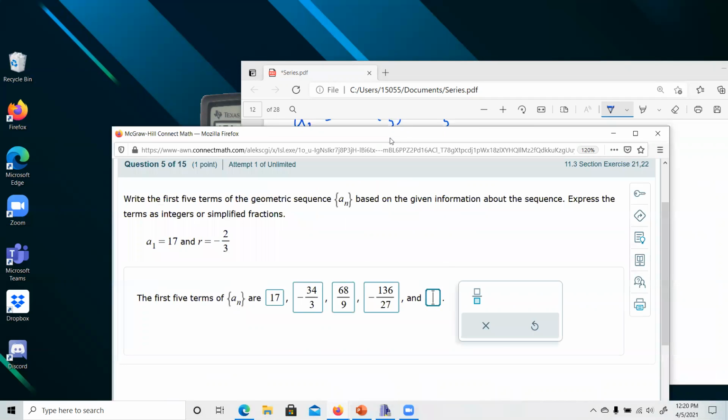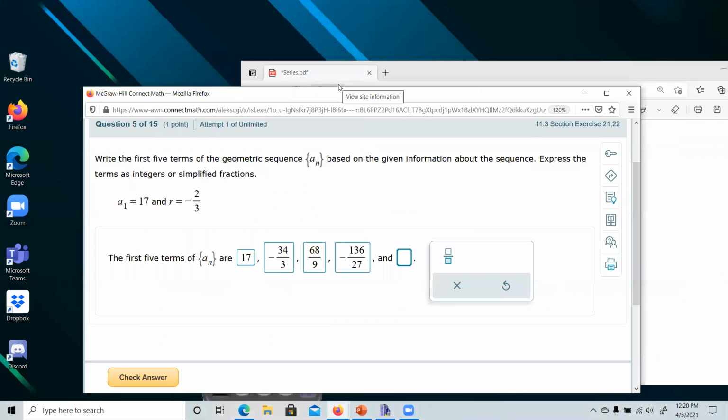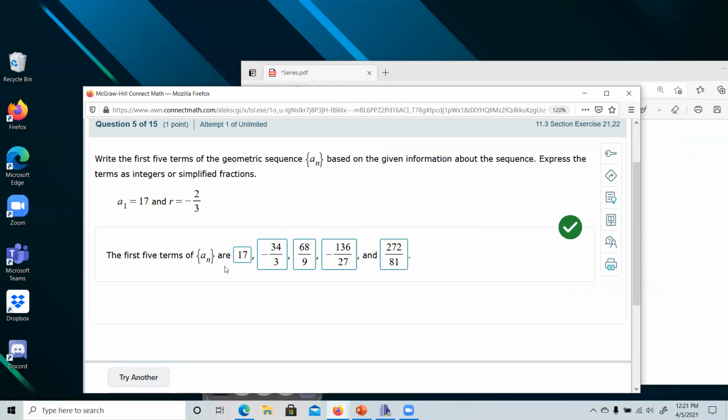And then finally, our last one, 272 over 81. Positive, negative, positive, negative, positive. All right, let's see. Crossing our fingers. All right, they start counting from 1. So that's good to know. Eventually, this bottom one will outgrow the top one, because 3 to a power is bigger than 2 to a power. Might take a while, but eventually this will settle down.